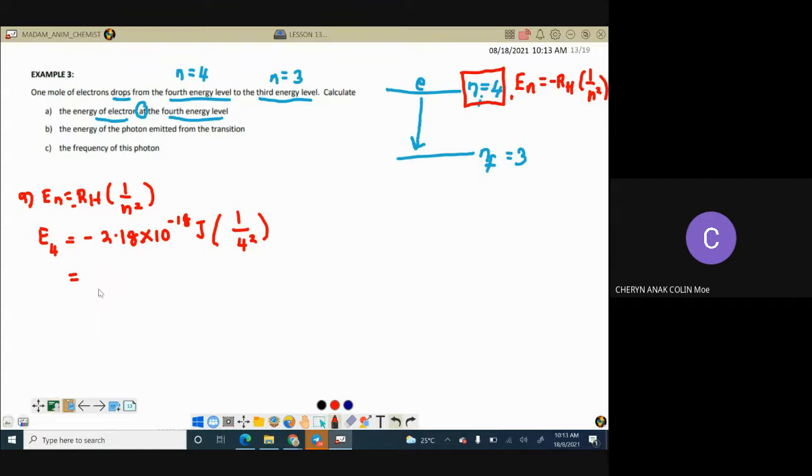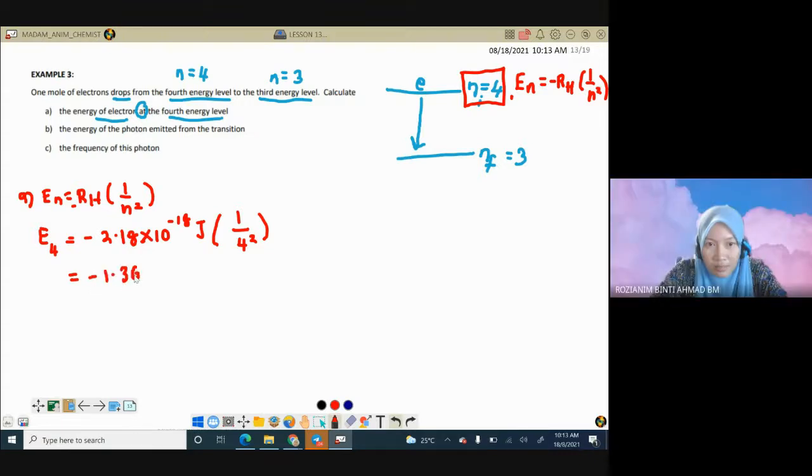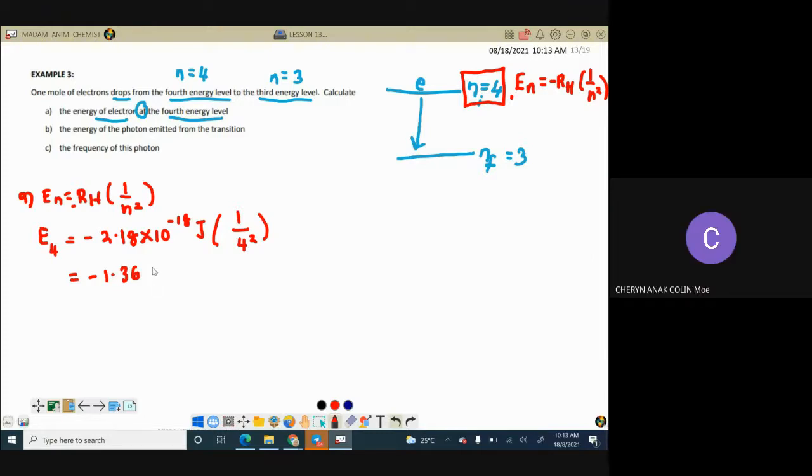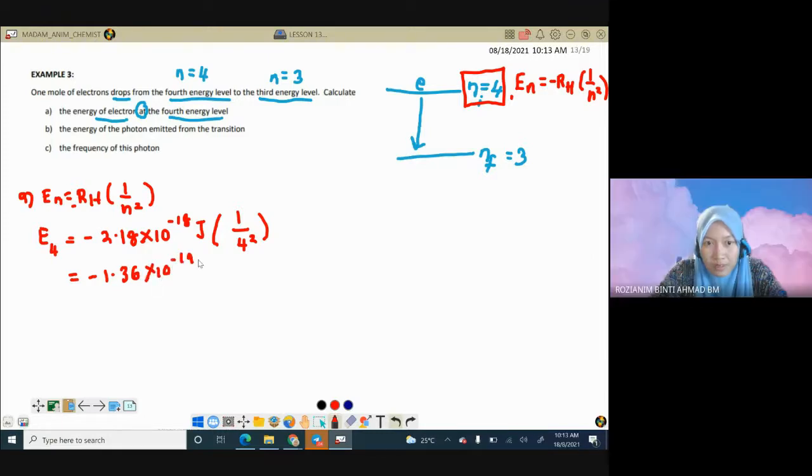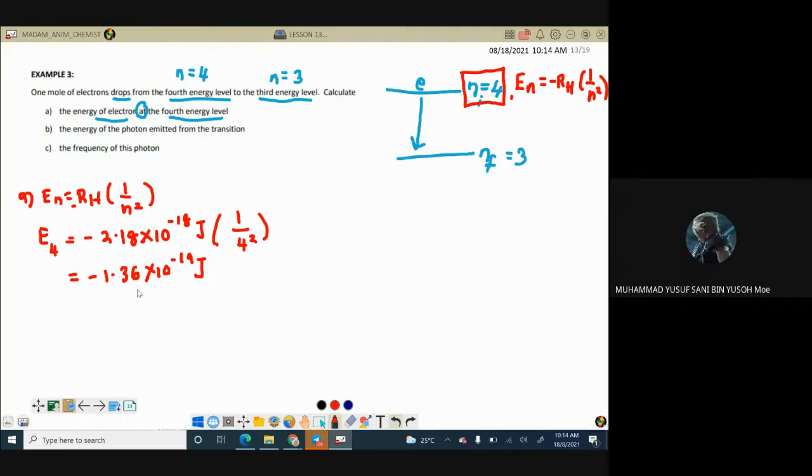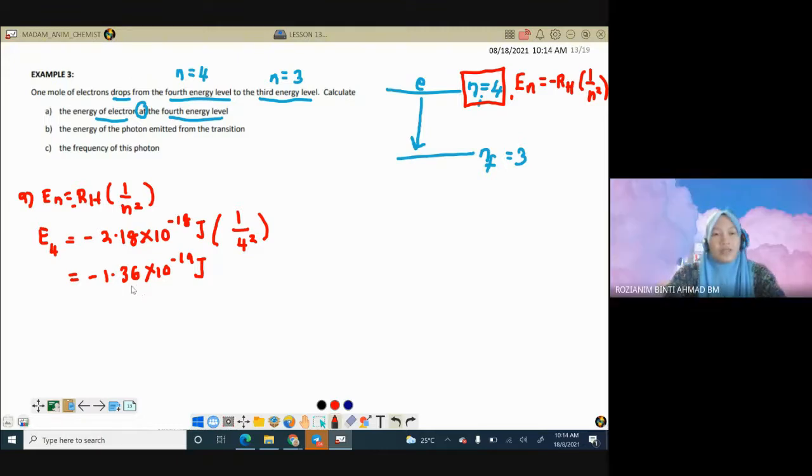Negatif 1.36, 10 kuasa negatif 19. Okay. I hope similar answer. Sama semua. So kawan kamu bagi 3 significant figure. Sama? Yes. Okay, good. So saya anggap ni sama. Okay, right, good. So maksud inilah jawapan kita.